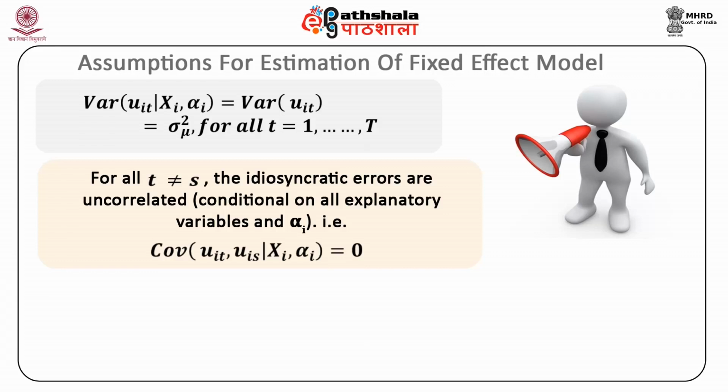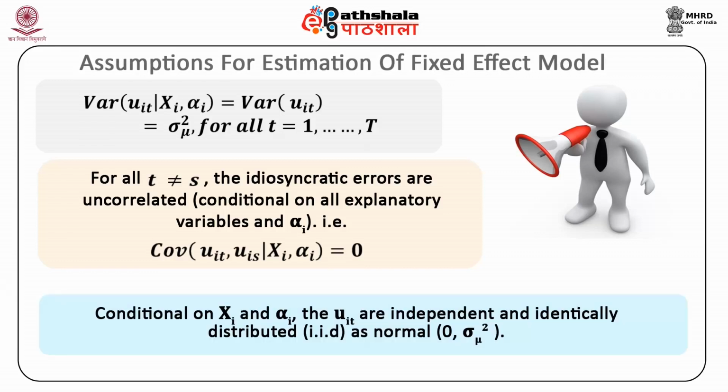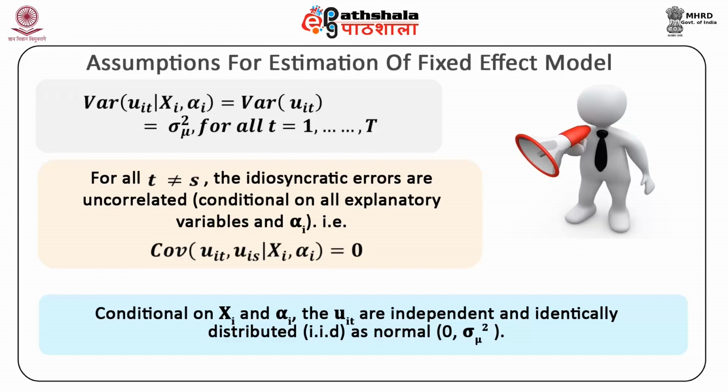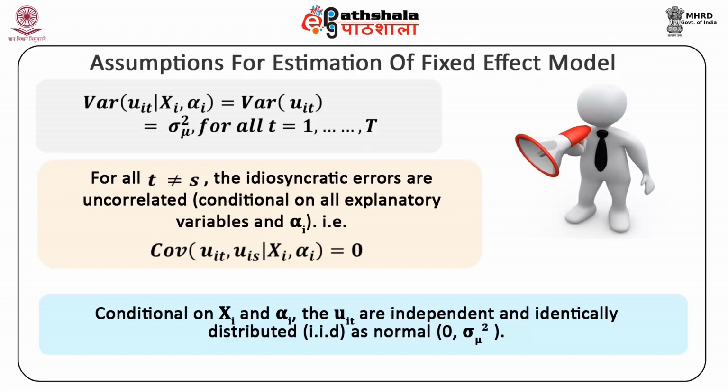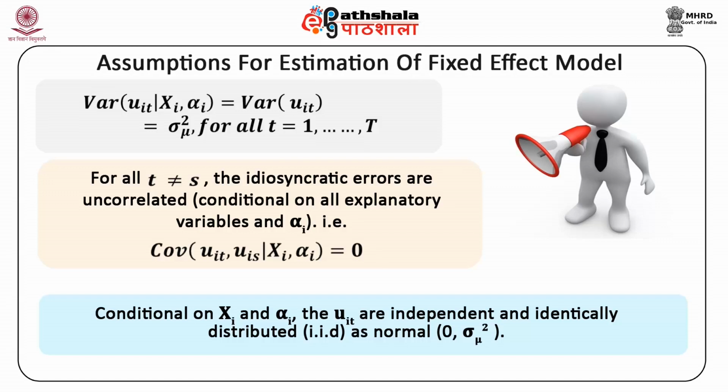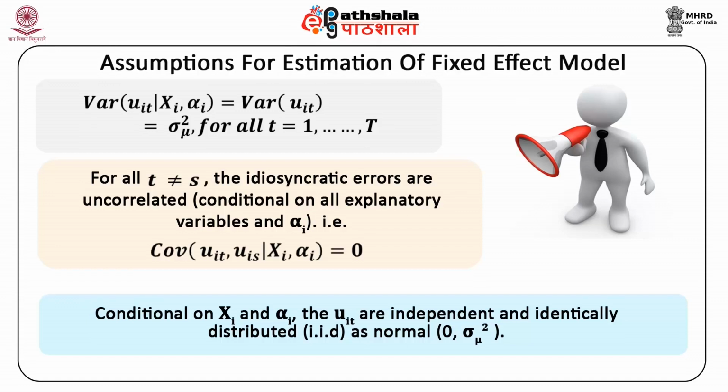The seventh and last assumption is that conditional on x_i and alpha_i, the u_it are independently and identically distributed (IID) as normal with mean 0 and variance sigma_u squared. Note, fixed effects methods apply immediately to unbalanced panels, but we must assume that the reasons some time periods are missing are not systematically related to the idiosyncratic errors.